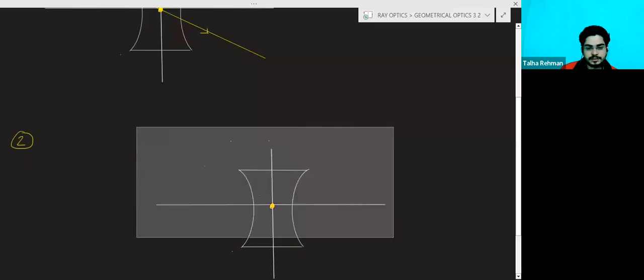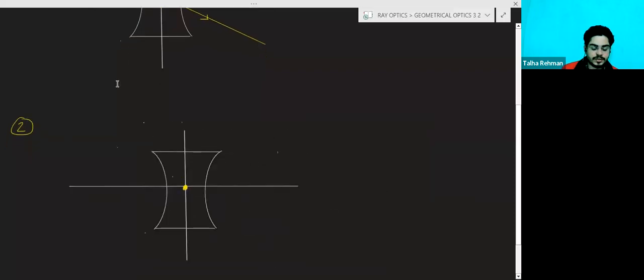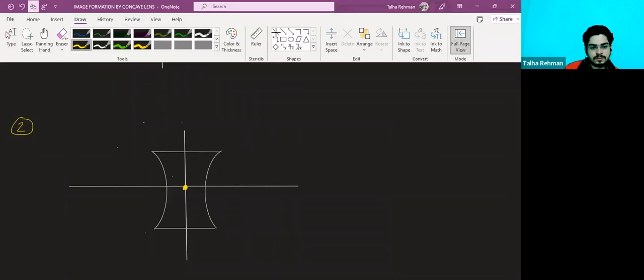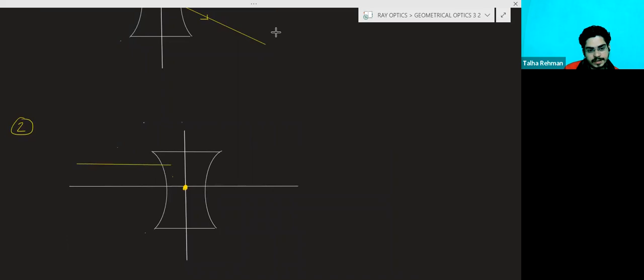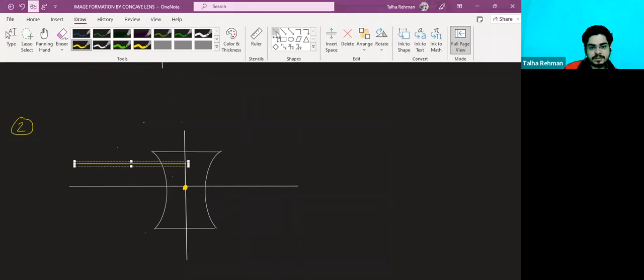Number two, if a ray of light is parallel to the principal axis like this, it will get diverged.